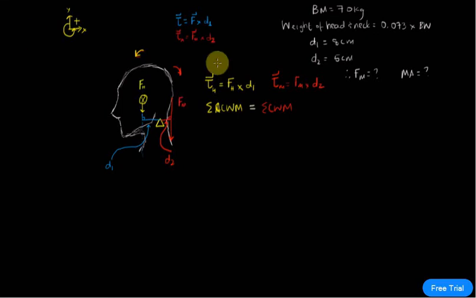The first thing I have to try and do is find out what this FH is. Now FH is, in essence, the weight of the head and neck, and that's what I'm trying to solve over here. So that's 0.073 times body weight, right? So FH is equal to 0.073 times body weight, which is body mass multiplied by gravity.